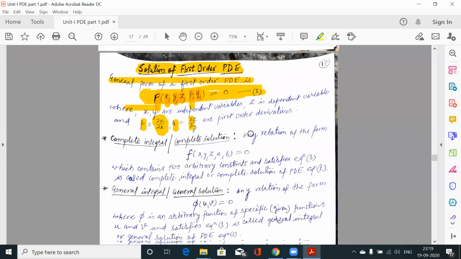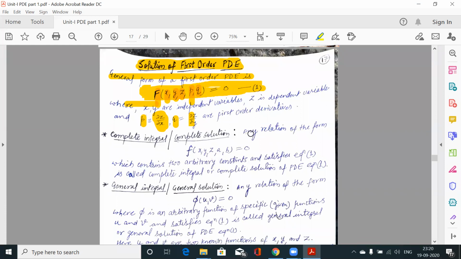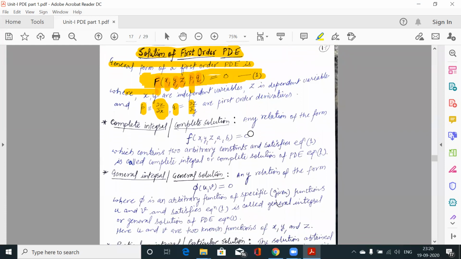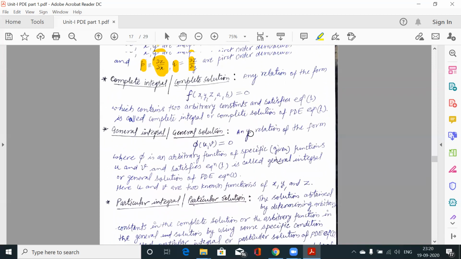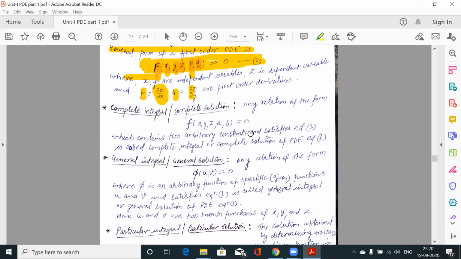Before solving this PDE, we have to know the types of solutions: what is the complete solution, what is the general solution, what is the particular solution, what is the singular solution. So these are the basic definitions of different types of solutions.